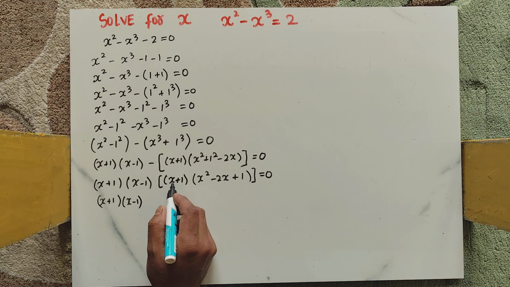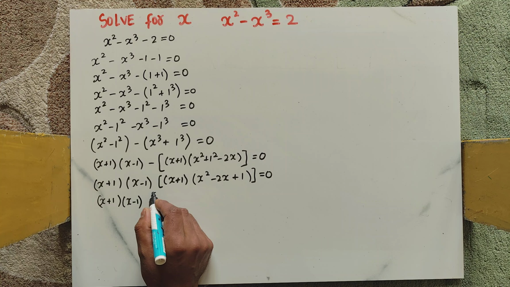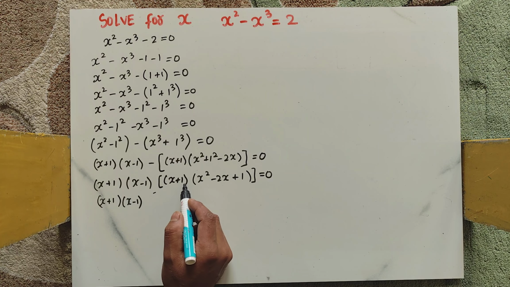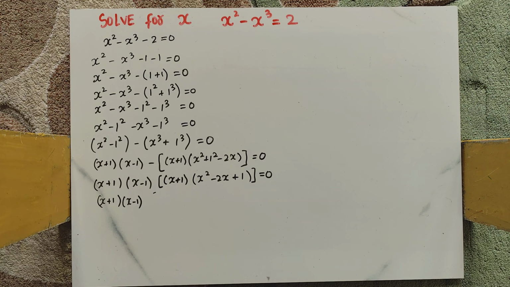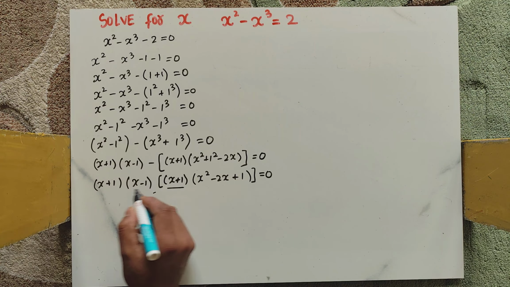Times, we have x + 1 here. So let me see if I am doing it correctly. So we have (x + 1)(x² − 2x + 1). Or we can do one thing here to save the space. Let us take x + 1 common.